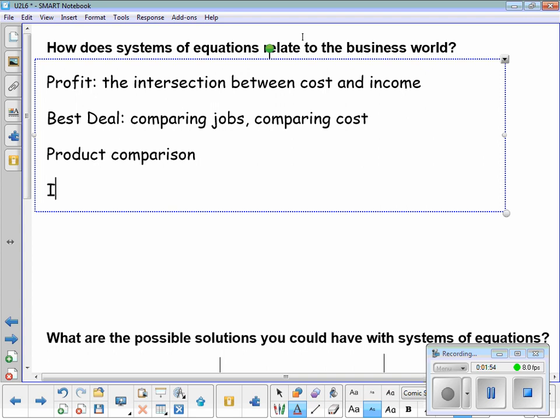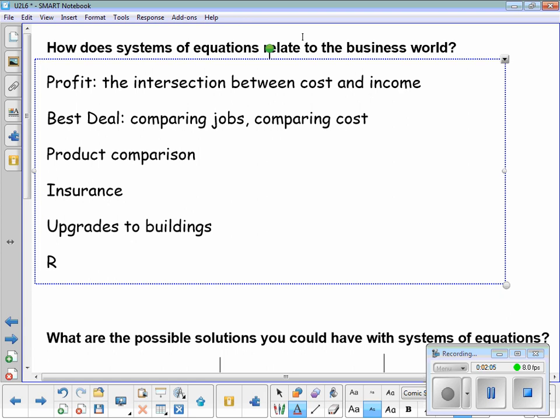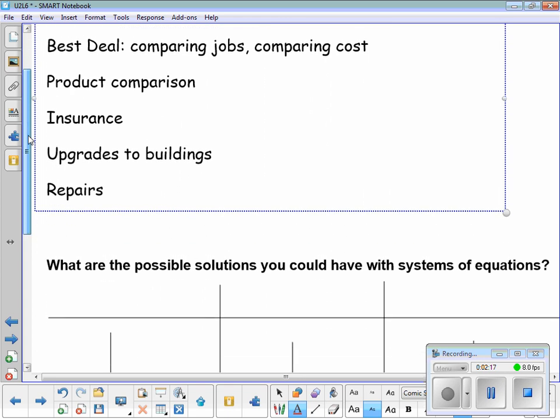Insurance is another one. Upgrades to buildings. If I do this to the building, it will go up by this amount. If I don't do that, this is what's going to happen, and that includes repairs as well. Those are some of the things in the business world where systems of equations are useful.